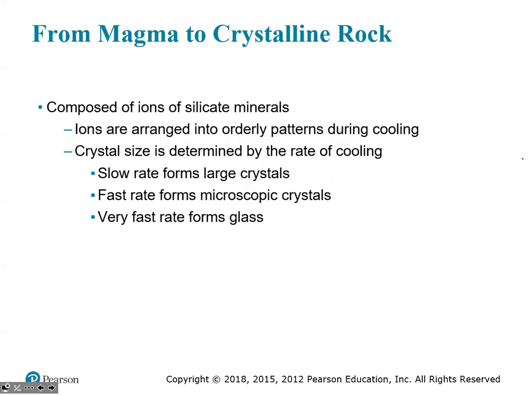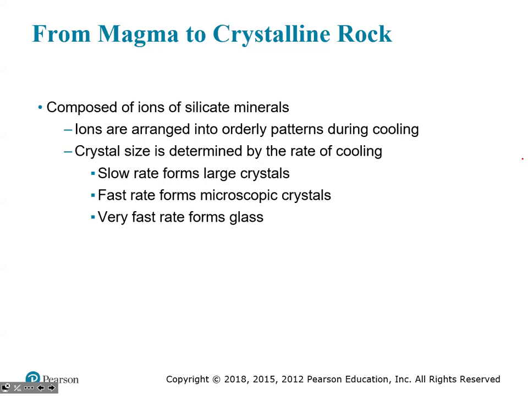So in general, they're composed mostly of ions of silicate minerals. The ions are arranged into orderly patterns during cooling. And the longer you have, the more slowly the process occurs, the bigger the crystals that form can get. So the crystal size is determined by the rate of cooling.